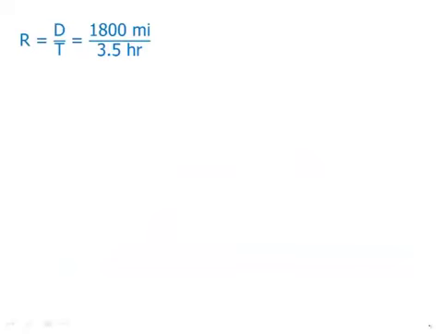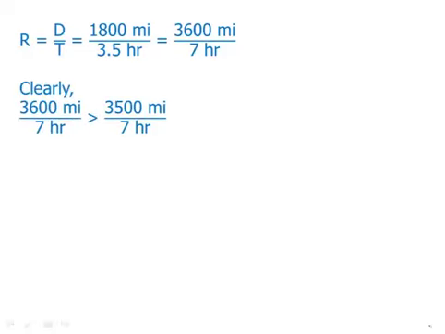Okay, well, that would be hard to do without a calculator, but we can use a little bit of estimation here. First of all, we'll multiply top and bottom by 2, so we get 3,600 over 7. Notice that 3,600 over 7 has to be bigger than 3,500 over 7. 3,500 over 7 is 500 miles an hour, so clearly the speed is larger than 500 miles an hour.